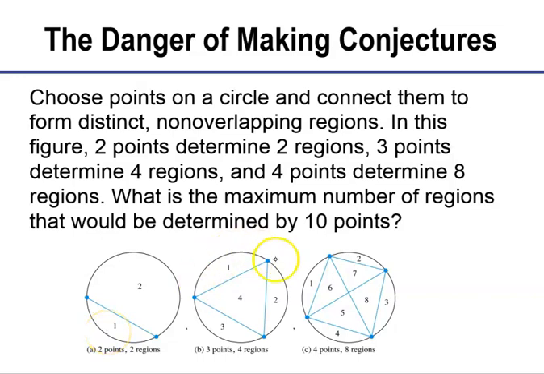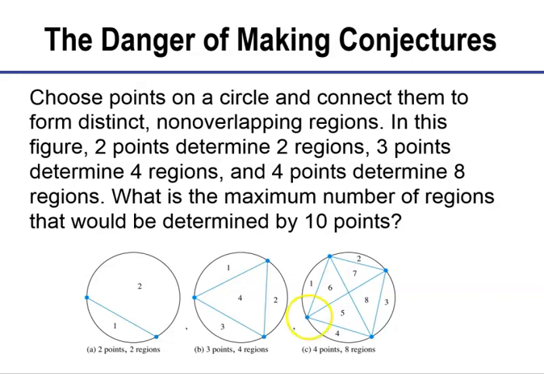If you pick 3 points on the circle and connect the dots, notice that gives us 4 regions. 1, 2, 3, 4. If you pick 4 points and you connect the dots, here, here, here, here, okay, and then across here, connect. You see, in every way possible. So from this particular point, let me use my highlighter here to make sure you're clear on what we're doing.